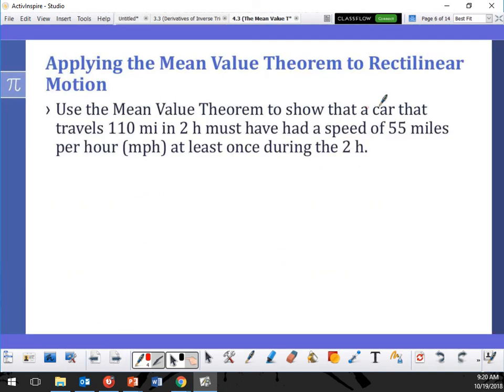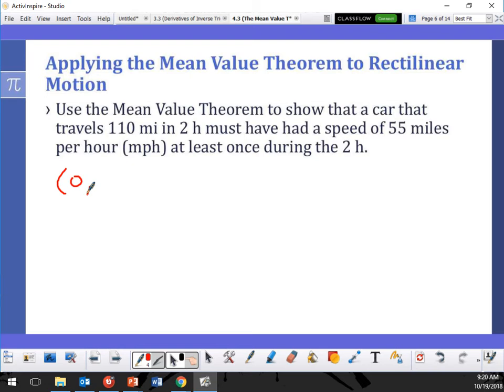Use the mean value theorem to show that a car that travels 110 miles in 2 hours must have a speed of 55 miles per hour at least once during the 2 hours. Okay, so now I have my times of t, right? I know that I'm starting at my first time, time 0.